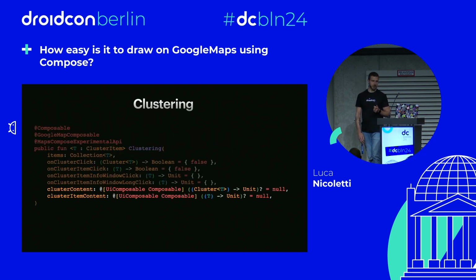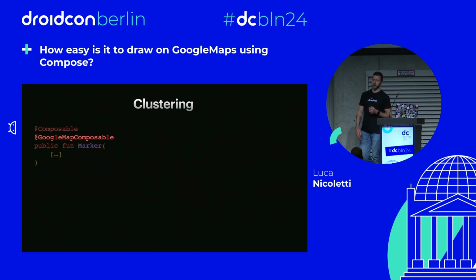And that's because both the cluster content and the cluster item content accept a UI composable function, while all the functions from the Google Map Compose library are marked as Google Map composable and can only be used inside the Google Map content function.